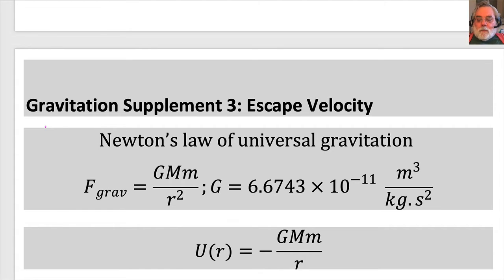The gravitational potential energy U of r equals minus G times the product of the masses divided by the center distance r. At infinite separation, the gravitational potential energy is 0. At finite separation, the gravitational potential energy is negative because the force is attractive. The negative potential energy is a binding energy.